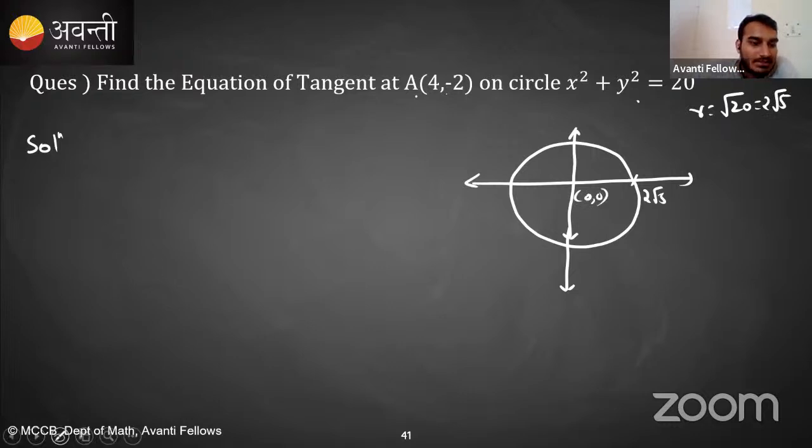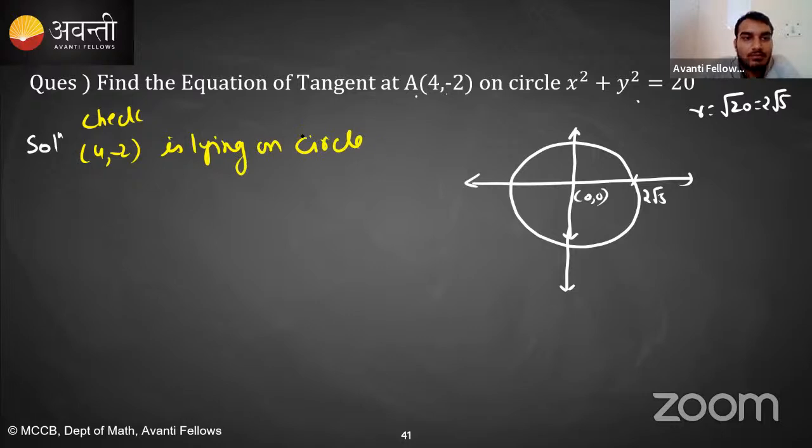Now check whether 4, -2 is lying on the circle or not. So x is 4 square plus y is -2 square.